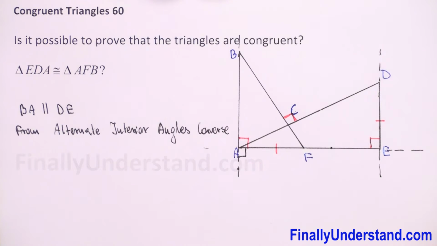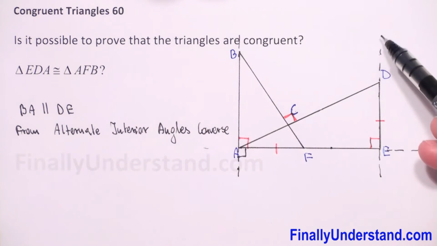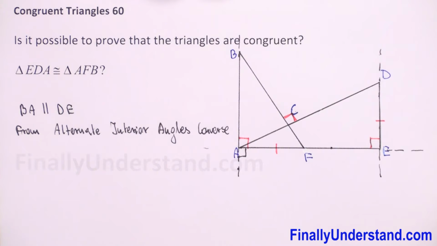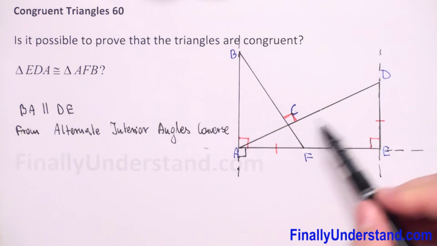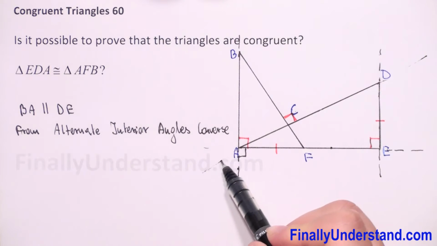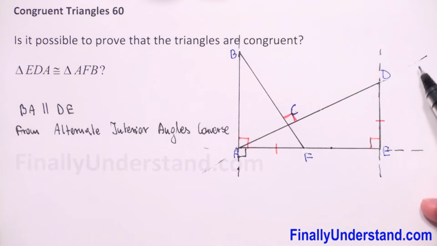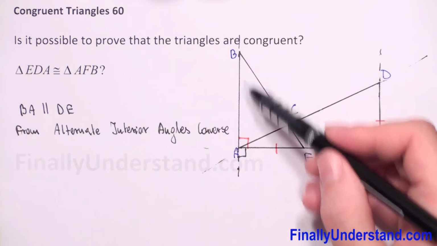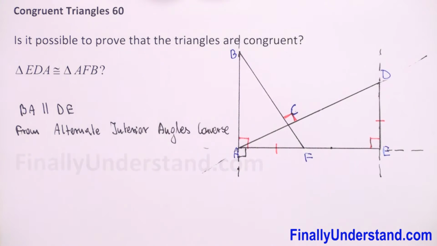So if these two lines are parallel, now if we extend AD, we have another transversal, and this transversal cuts these two parallel lines.